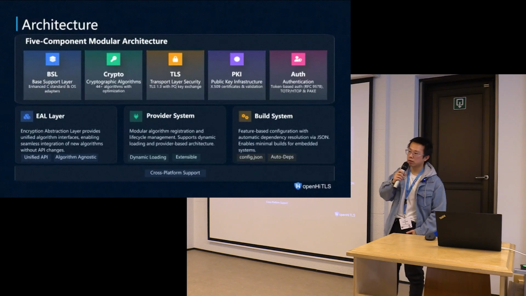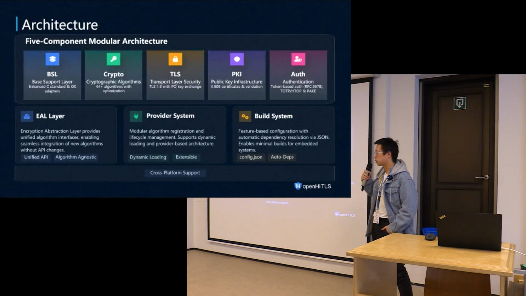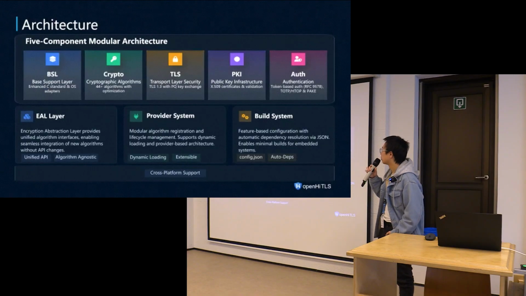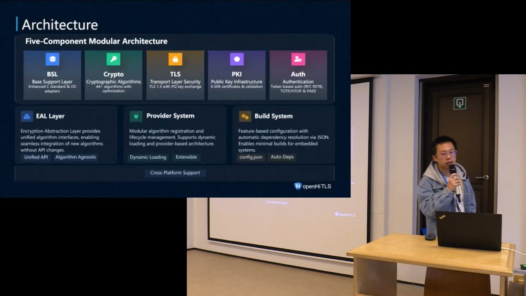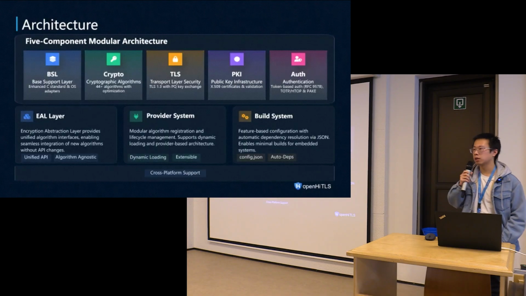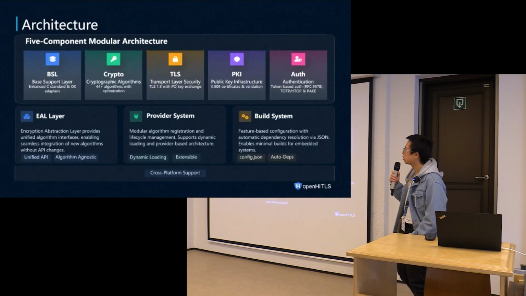The OpenHiTLS architecture has a 5-module design: the basic support layer, crypto, transport layer security, public key infrastructure, and authentication.